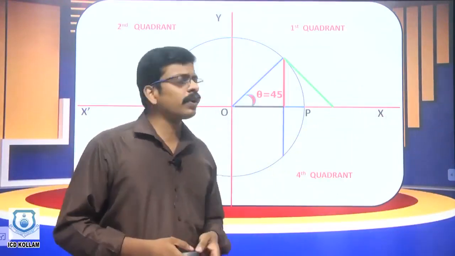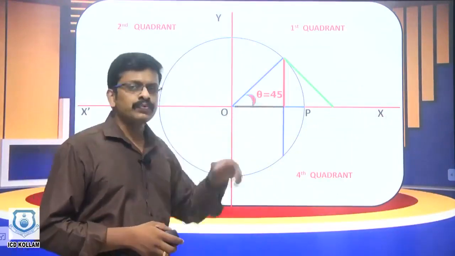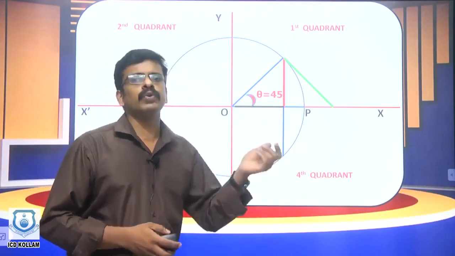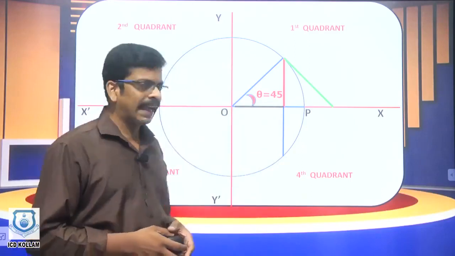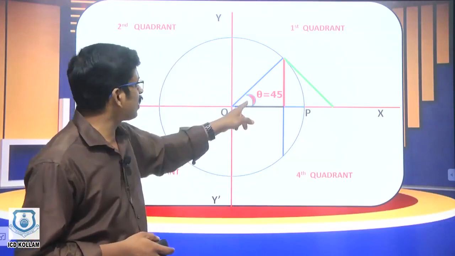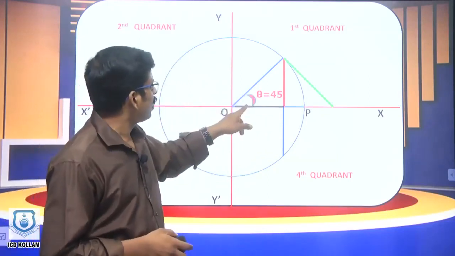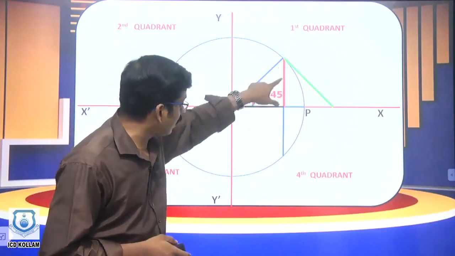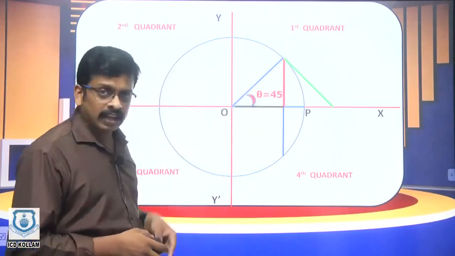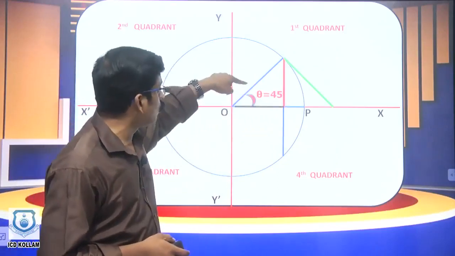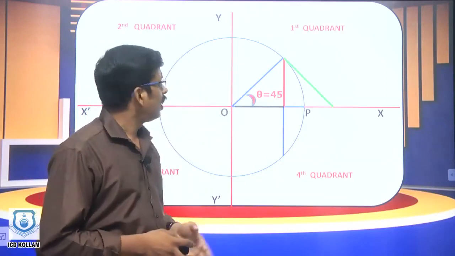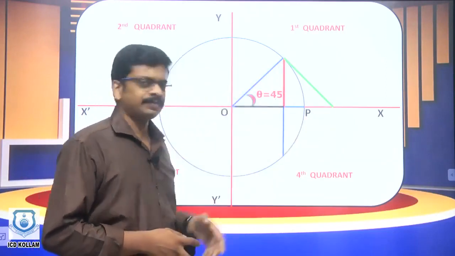Let us discuss how we can find tan 45, sin 45 and cos 45 with the help of this triangle. So this is actually theta, 45 degrees. In that case, we have sin theta, this is sin theta, we have cos theta, and we know this value which is equal to 1. You know this is tan theta.